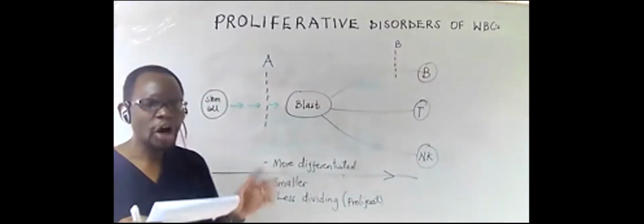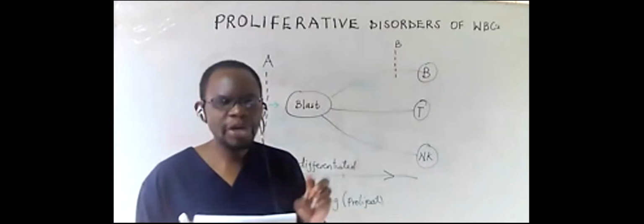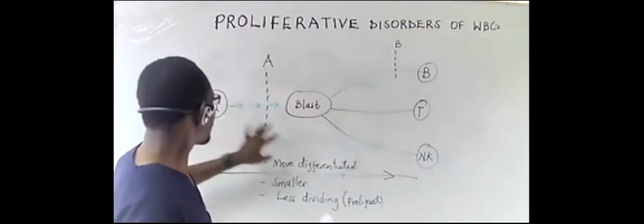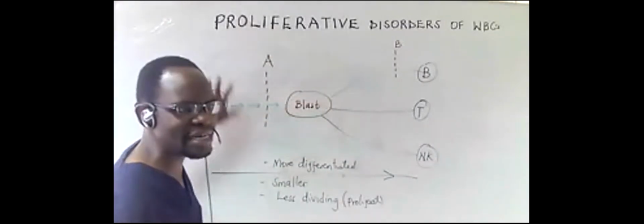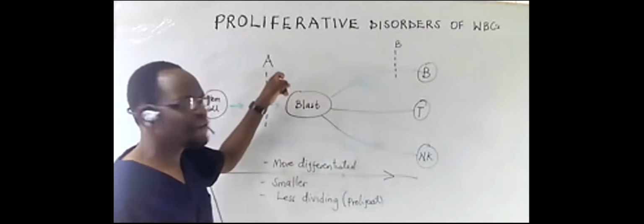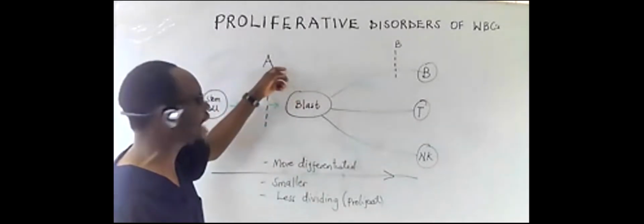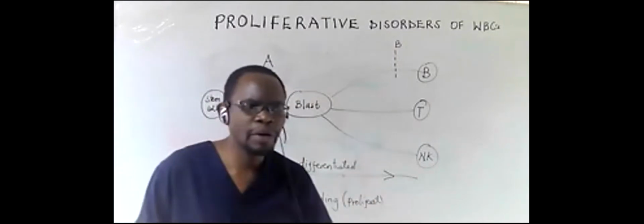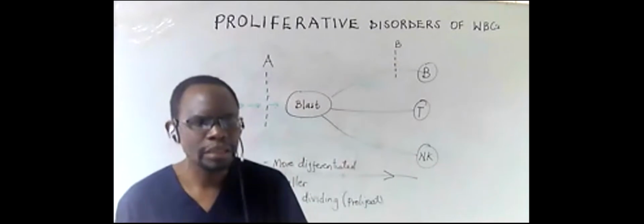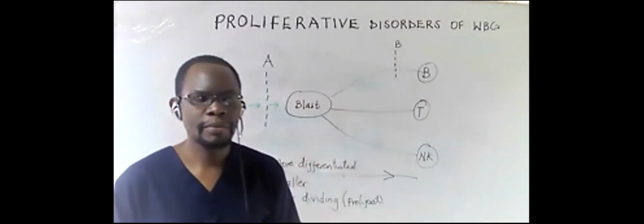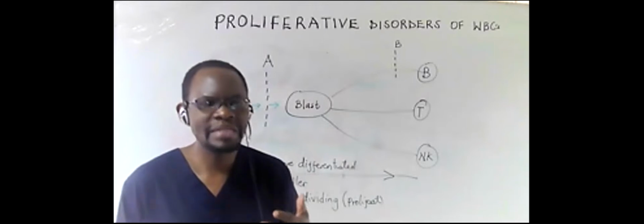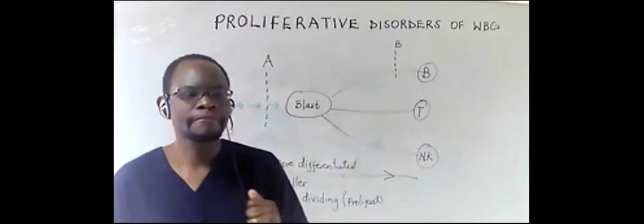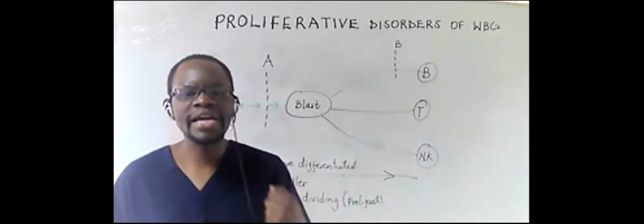Now, because cells here are rapidly dividing, if a patient has an arrest of differentiation at this point, what do you think the problem would be, acute or chronic? Or let me say, do you think the problem would be severe and more aggressive, or less aggressive?